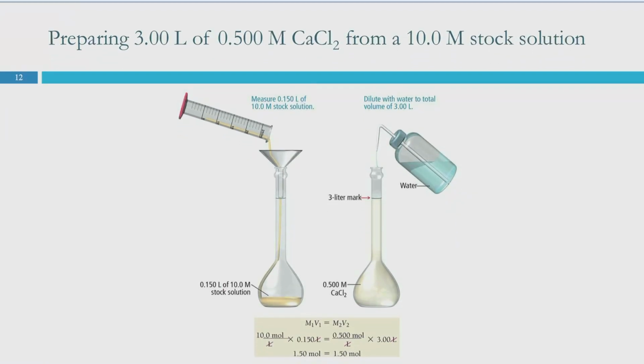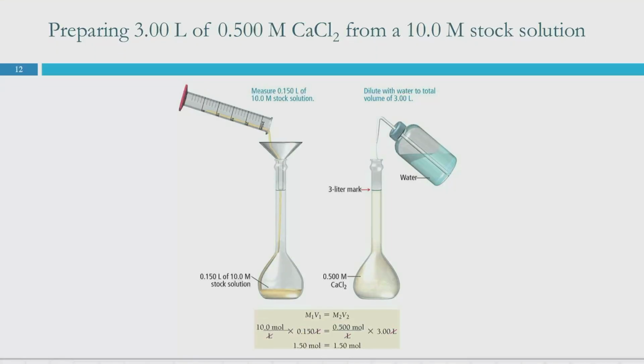All right, let's say that we want to prepare 3 liters of 0.500 molar calcium chloride from a 10 molar stock solution. The stock solution, we can't really change the concentration of that, but we can do a calculation, figure out how much of that 10 molar stock solution we need. So we would do our M1V1 equals M2V2 calculation down below.